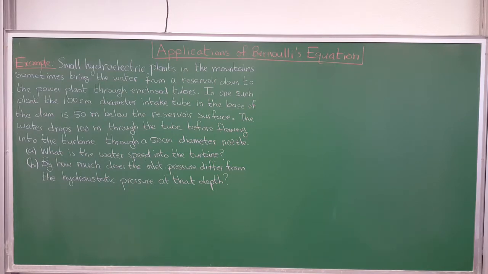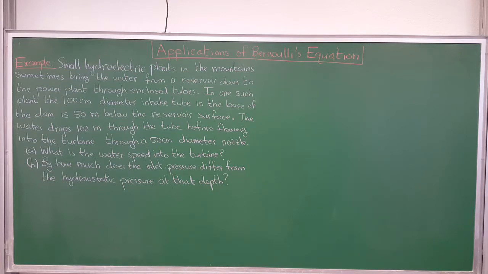Small hydroelectric plants in the mountains sometimes bring water from a reservoir down to the plant through enclosed tubes. So they're enclosed, and the pressure inside them is not that of atmospheric pressure. At the ends of the tube, when it's open to the atmosphere, the pressure would be atmospheric. Now, in one such plant, the 100 centimeter diameter intake tube in the base of the dam is 50 meters below the reservoir surface.